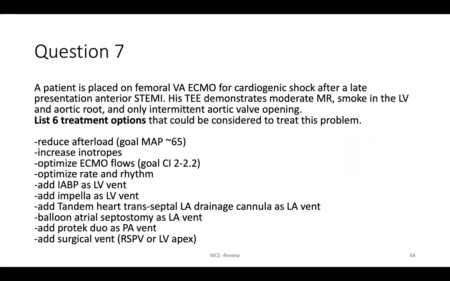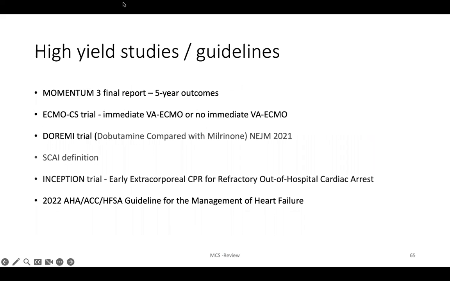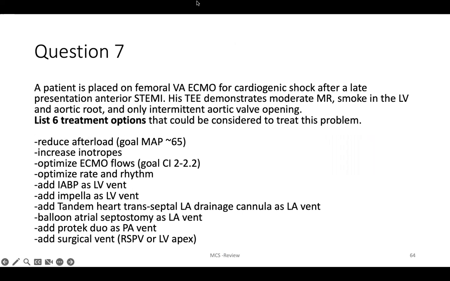One thing, Pierre, for this question, if I can just ask, because it was a very common response that people gave as an additional option. I'm just curious if this is something that you would consider an acceptable answer: converting from femoral VA ECMO to central. No, I don't think I would accept that answer, because there is not enough data to support that.